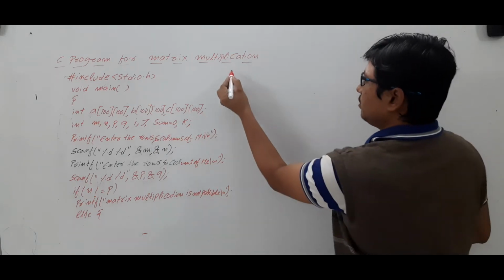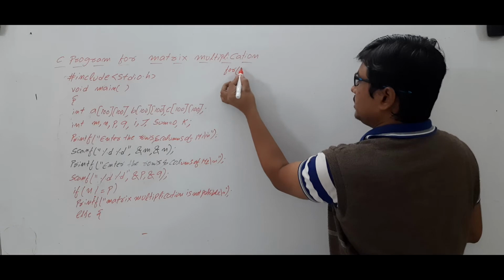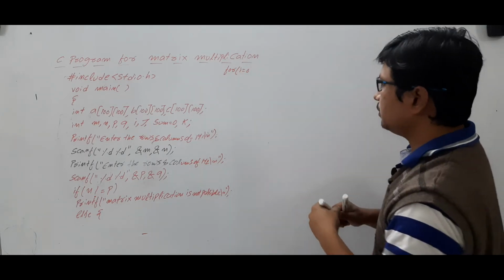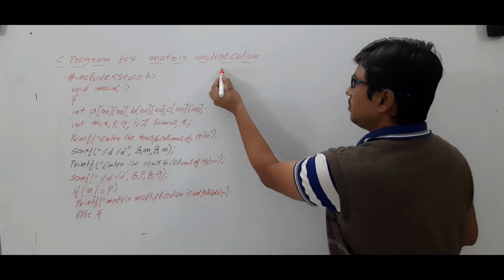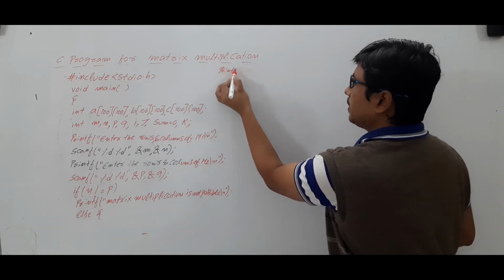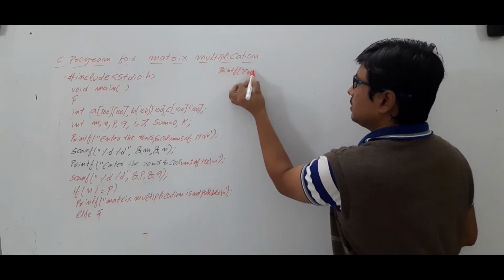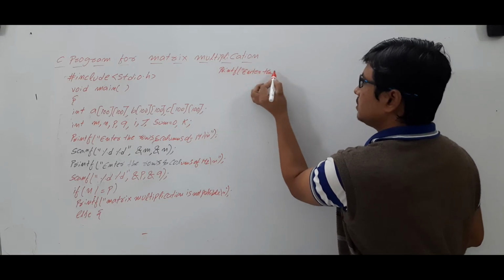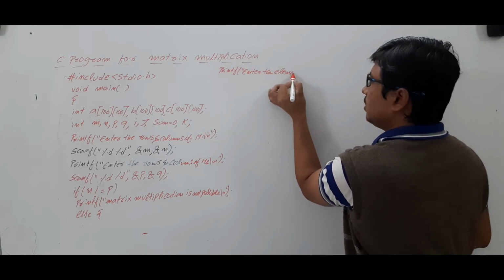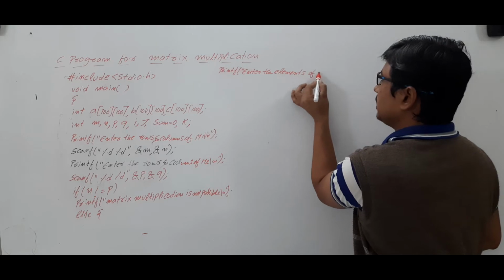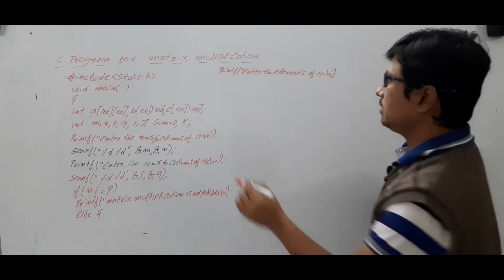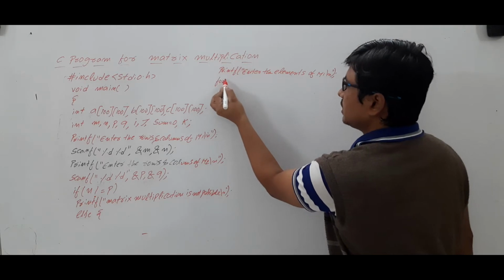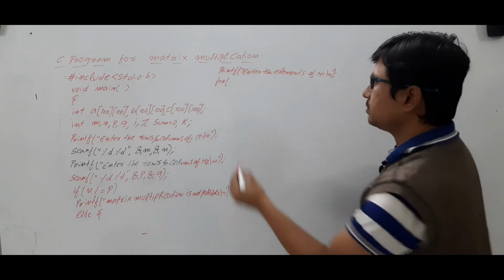Before doing that, I need to ask the user to enter the elements. So printf enter the elements of matrix 1. Let me write it as m1 for the space constraint. Then once the user has entered them, I need to store them.